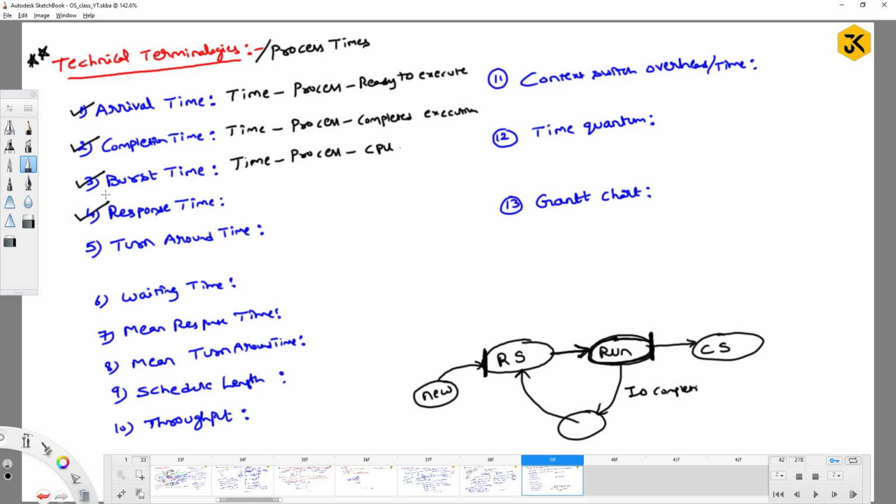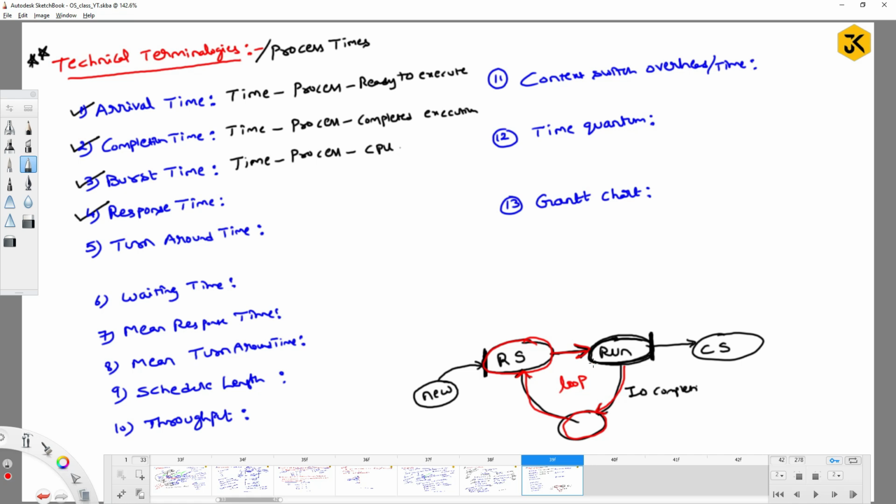Next one, response time. Generally when a process is in the ready state, it will enter into the running state and exit from the running state, go to the waiting state, then again the ready state. Like that, it might happen in a loop.